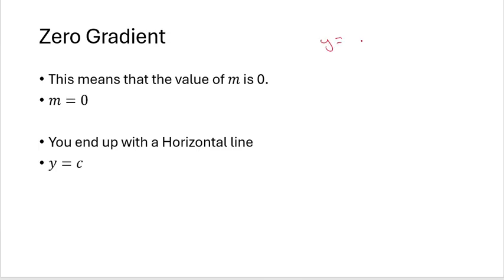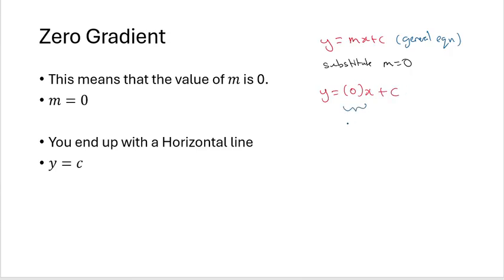Now, if you remember correctly, the general equation of a line is this. Now, if I were to substitute m equals 0, I end up with y equals 0x plus c.